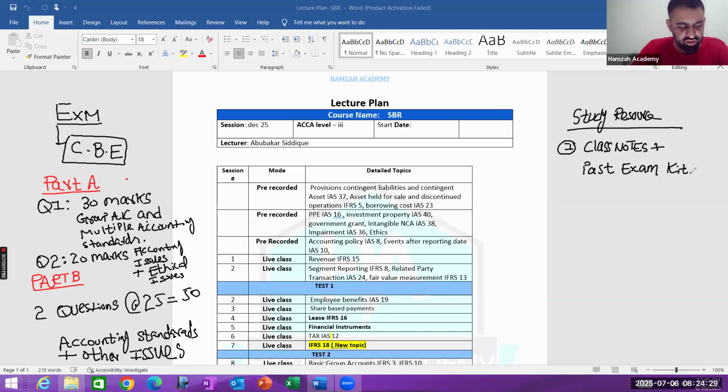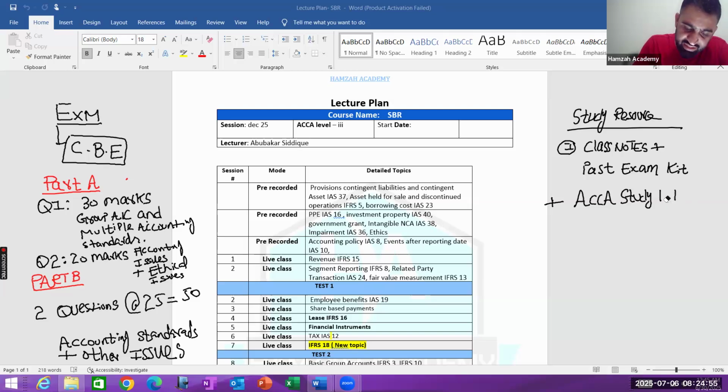It would be available on LMS, number one. Number two, other than class notes, the focus will be on the ACCA Study Hub.